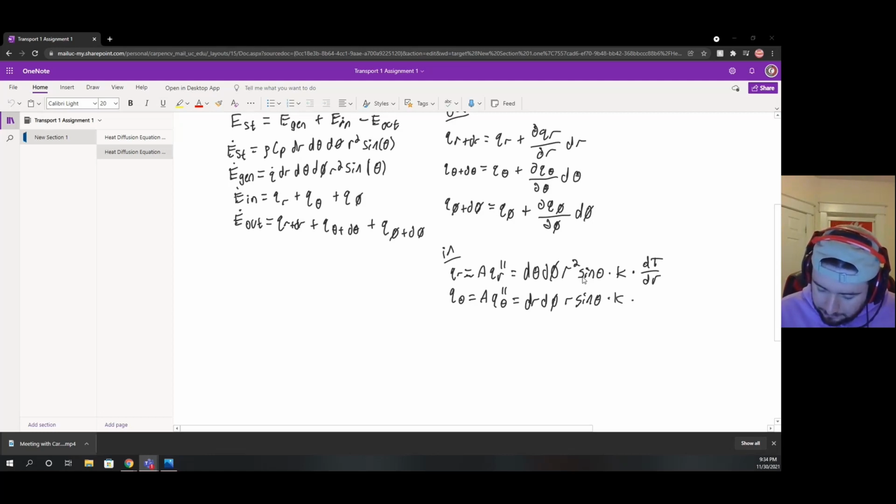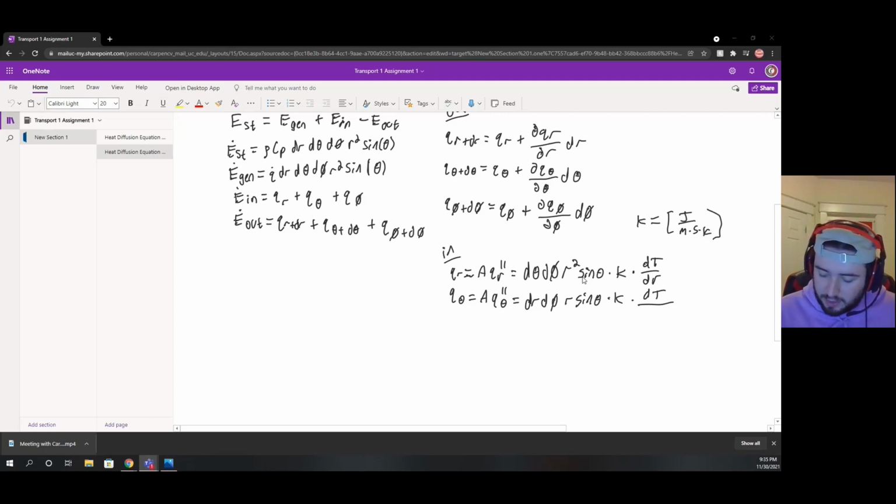And then this term is going to be a little bit different because our thermal conductivity is in terms of joules per meter times second times Kelvin. So our value on the bottom needs to be in terms of length so that we can end up with joules per second for energy.